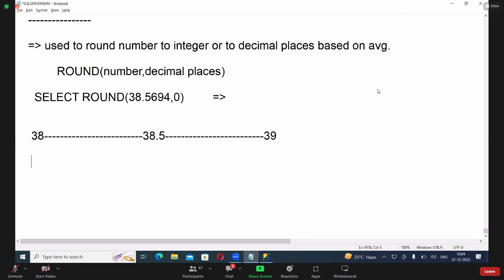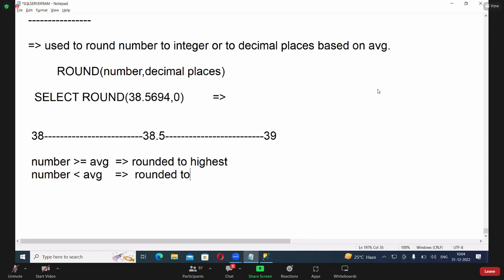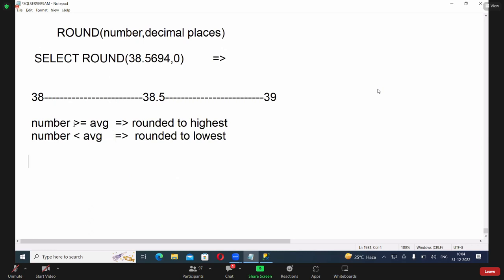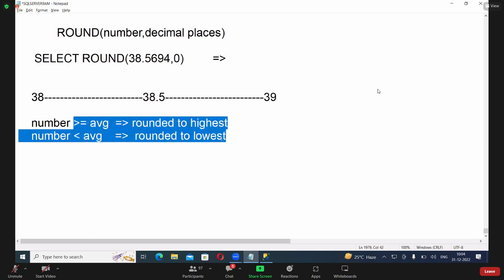So listen, if the number is greater than or equal to the average, then round it to the highest.